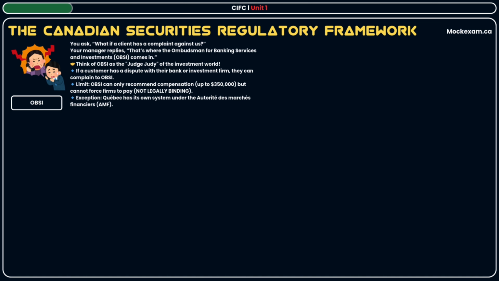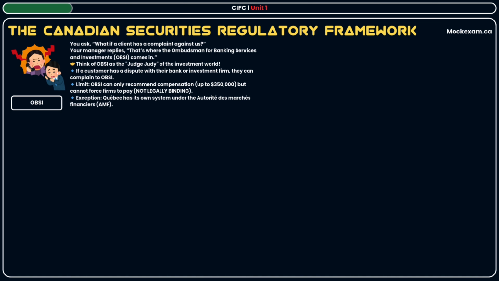But there is a limit. So remember, OBSI has a limit. What's that limit? OBSI can only recommend compensation up to 350,000 Canadian dollars, but cannot force firms to pay. What does this mean? It means OBSI is not legally binding. Okay.